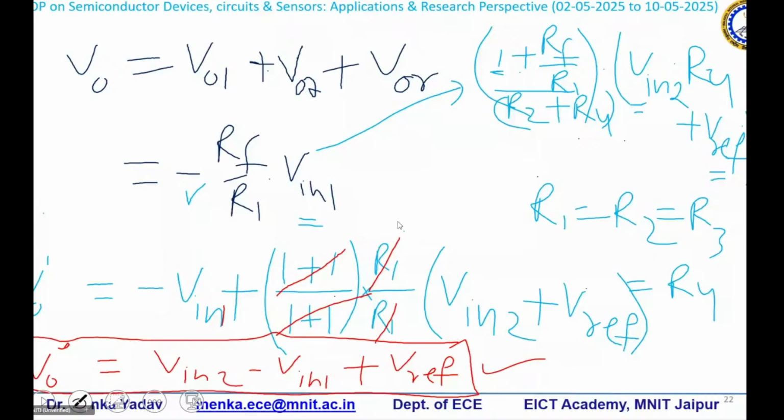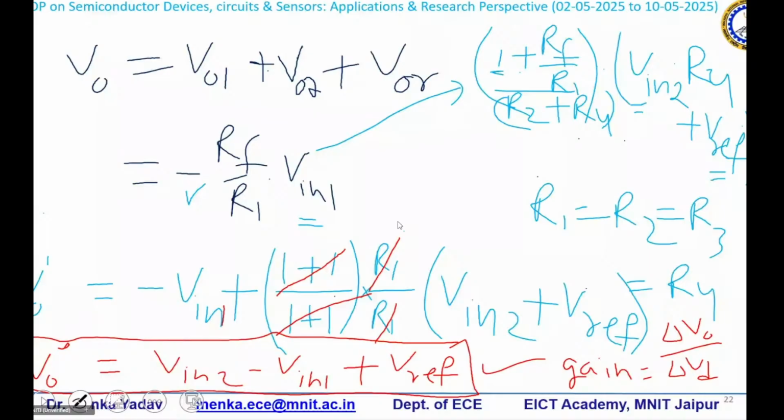And here, if we want to find out the gain, what is the gain? Differential gain can be represented as delta VO over delta VD. VD is the difference between the positive terminal and the negative terminal voltages. So this difference is nothing but Vin 2 minus Vin 1.